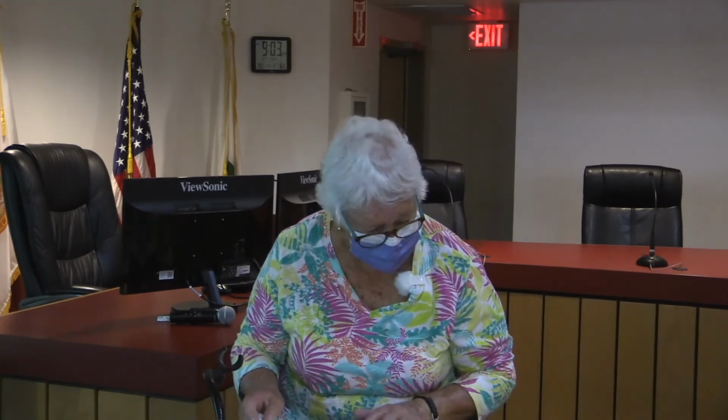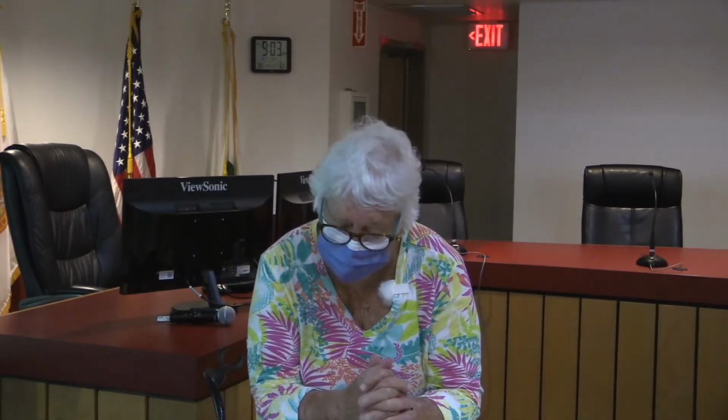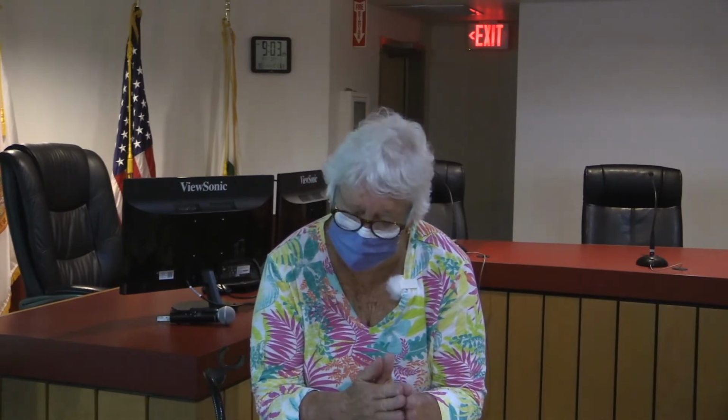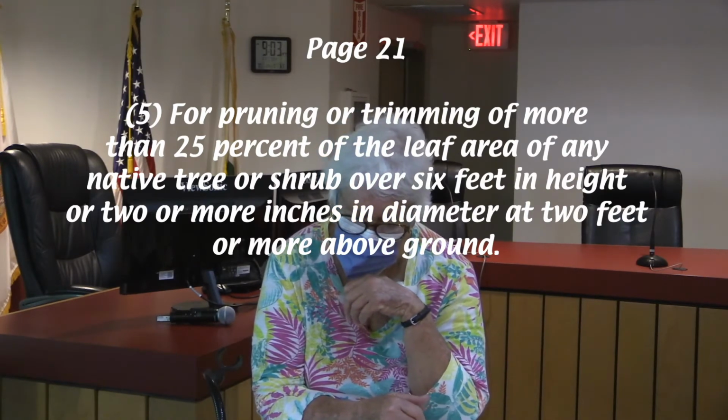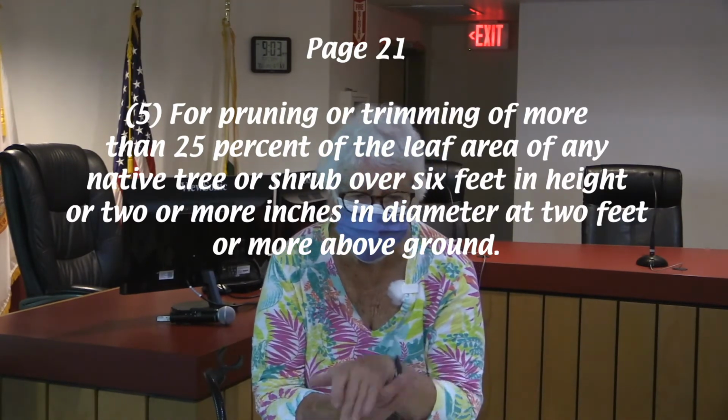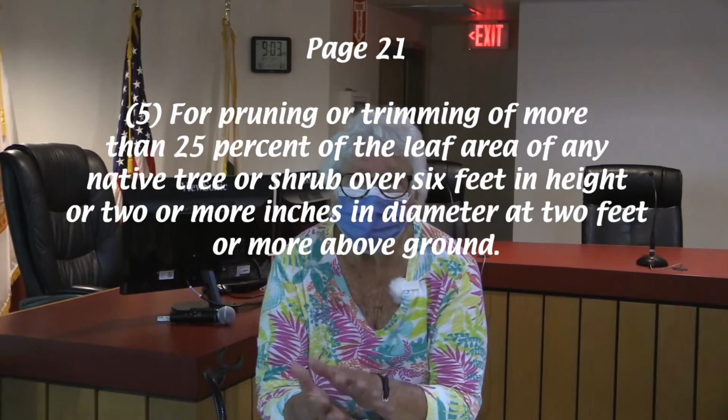Okay, now, important for you to remember as well is at the top of page 21, you also need a permit if you're going to prune or trim more than 25% of the leaf area of any native tree or shrub over 6 feet in height or more than 2 inches in diameter, 2 feet from the ground. Now, just envision the fact that sometimes people are away, they're not here, and they let that strangler fig grow out over their pool cage, and oh my gosh, they should have had it trimmed last year, but they didn't.